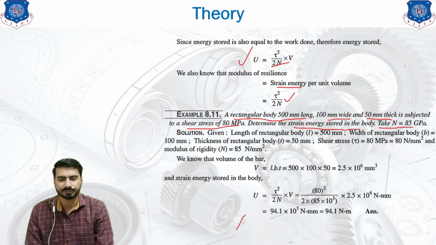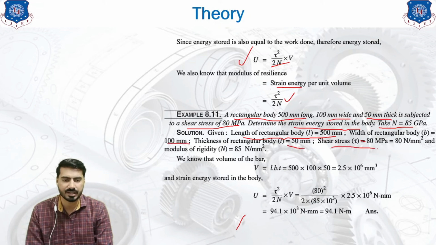So now if you list out all the values, the length of the rectangular body is 500, width is 100, thickness is 50, shear stress is 80 megapascal. That can be written as 80 into 10 Newton per mm square.